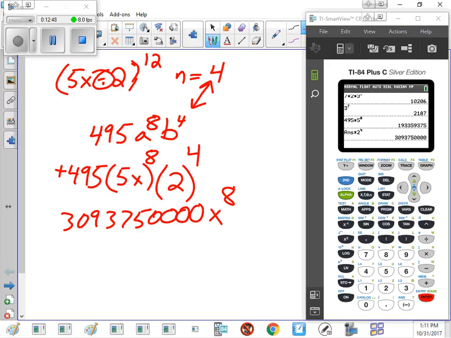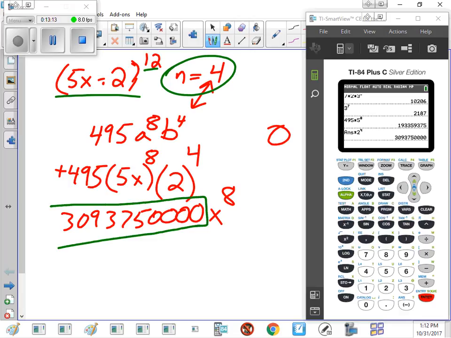And the problem will say, what is the coefficient in front of the term when n equals 5? The problem will give you a binomial and an exponent, and it will tell you which term to look for. Instead of doing all of them, you just find that one term, but the answer is just this number. That is the coefficient in front of the 5th term.